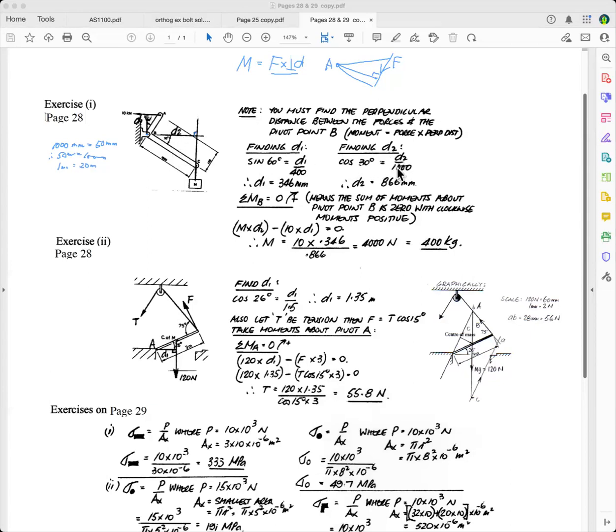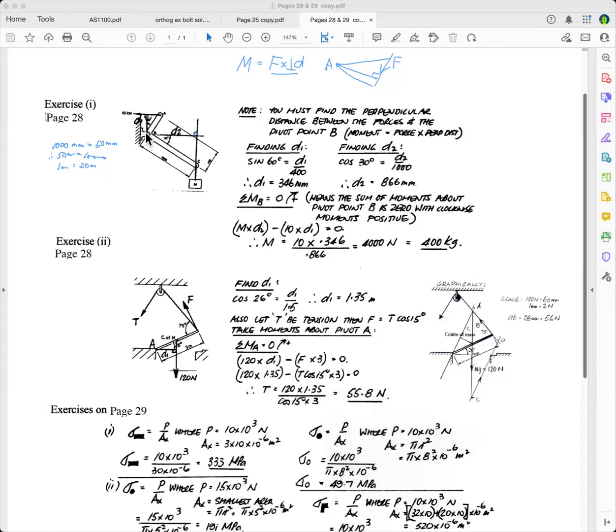So therefore, D2 is 866 millimeters. You'll find it exactly the same way there. You won't get it exactly 866, but it'll be within 10%. So we've found D2 there.